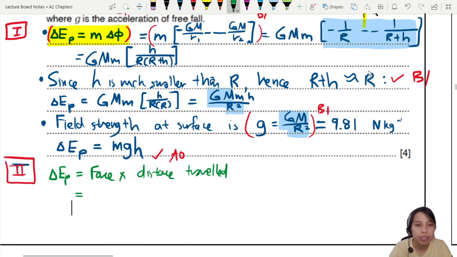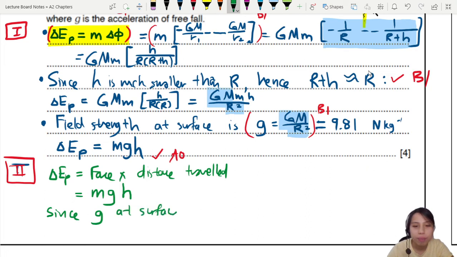So force here is generally mg times a distance traveled, which is h. Proof already like that? Not yet. The g here, we need to clarify. Since g at the surface is constant, where g equals GM over r squared, which is 9.81, hence you can keep it at mg at the surface.